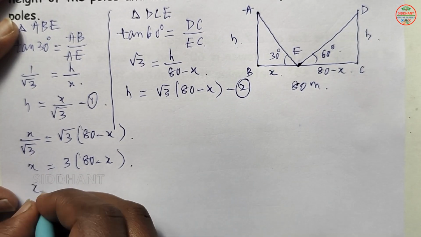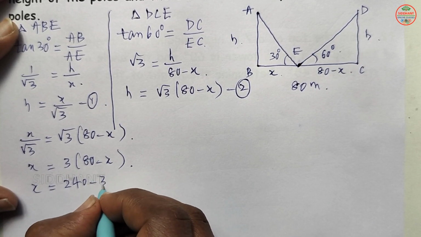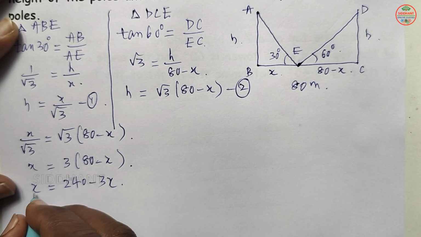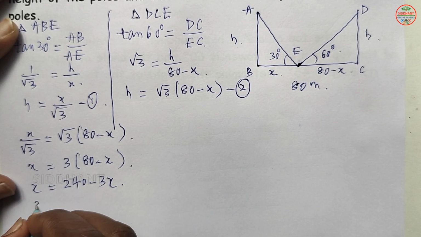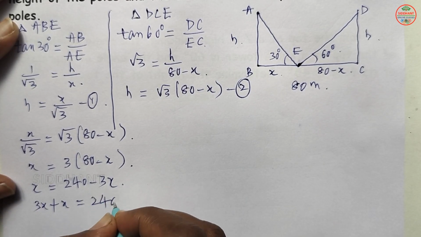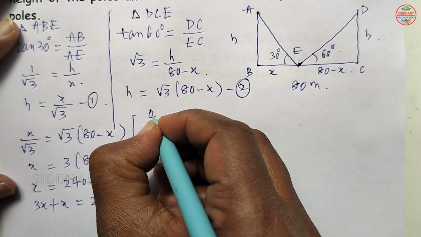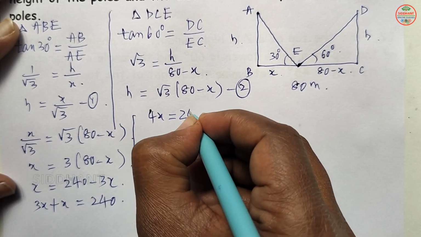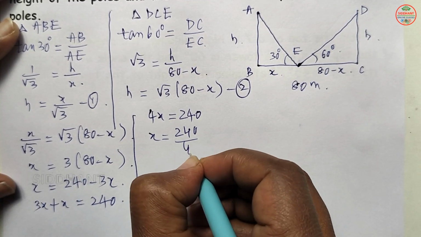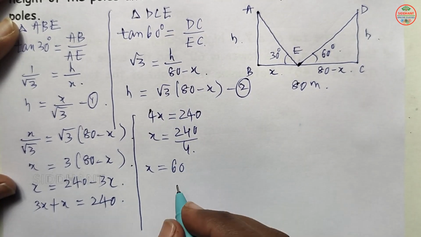So X equals 240 minus 3X, and 3X plus X equals 240. So 4X equals 240 and X equals 240 by 4. So X equals 60. So we got X here.